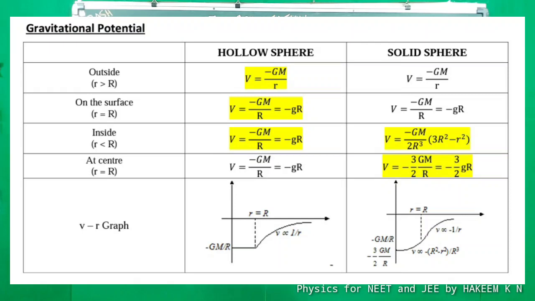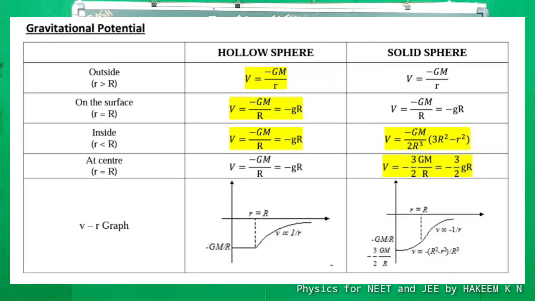Inside, for the hollow sphere, gravitational potential is constant, same as at the surface. So for the hollow sphere, gravitational potential is the same on the surface and inside, everywhere, including at the center, and outside it is inversely proportional to small r, minus GM by r.